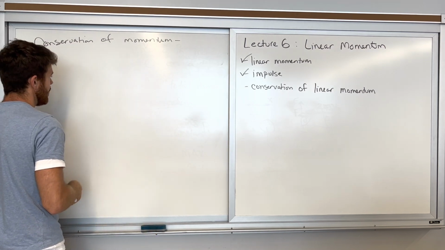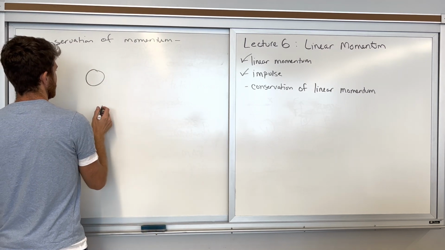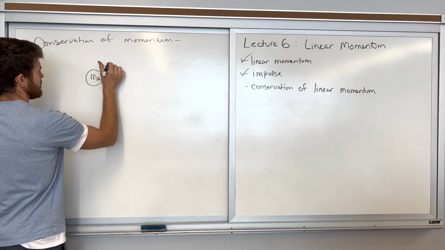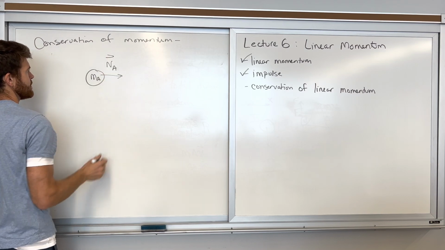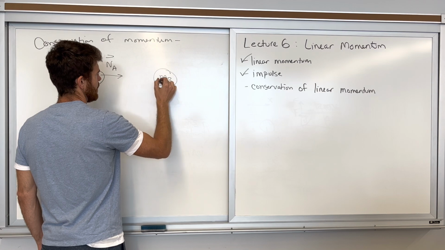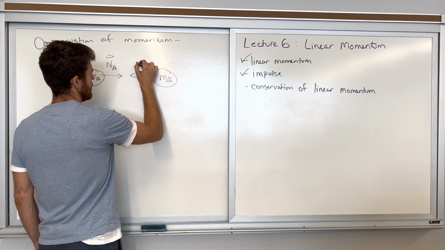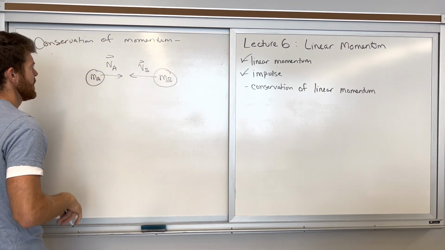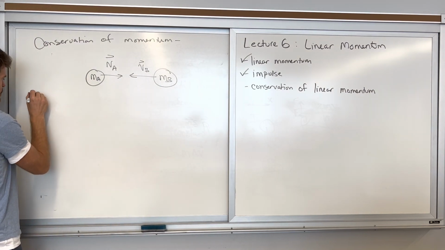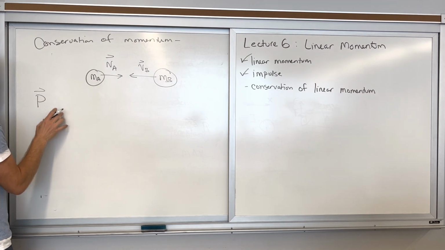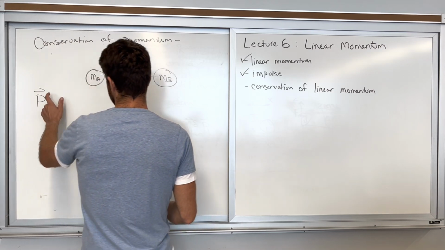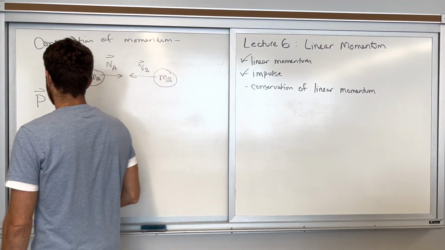Let's say we have ball A and it has a mass ma, has a velocity va in this direction. Then we have ball B, mass mb, has a velocity vb in that direction. Alright? Now, now that we're going to look at collisions, whenever I write P, that means before.